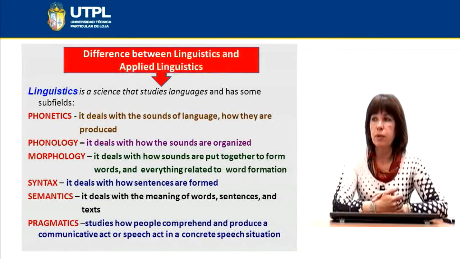In pragmatics, we need to understand how we need to communicate in order to be understood correctly.